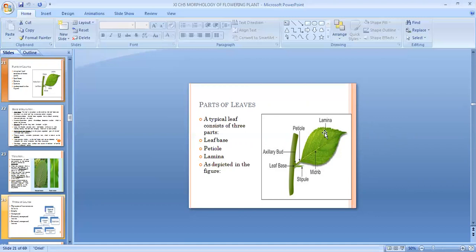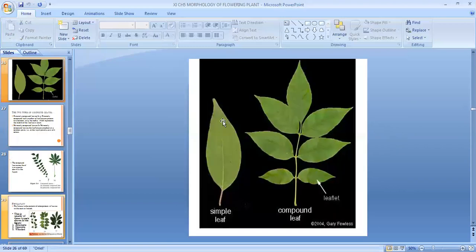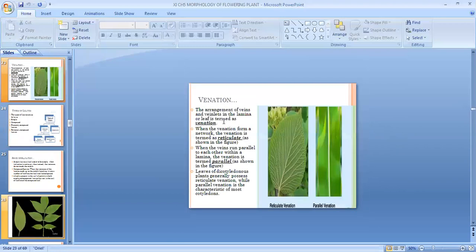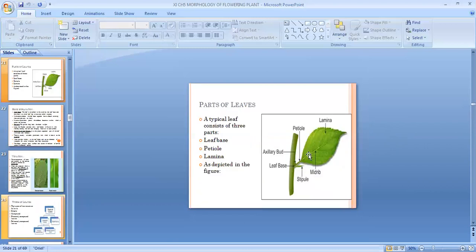The lamina, or the leaf blade. This is the green expanded part of the leaf with veins and veinlets. This prominent vein is known as the midrib. It gives rise to many veins and veinlets. Veins provide rigidity to the leaf blade, and they also act as a channel of transport for water, minerals and food materials.